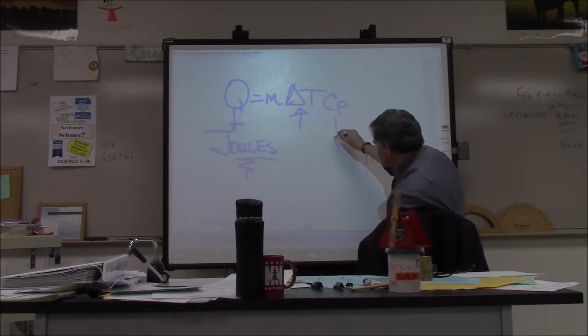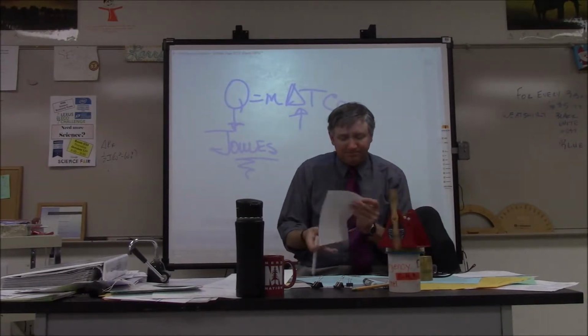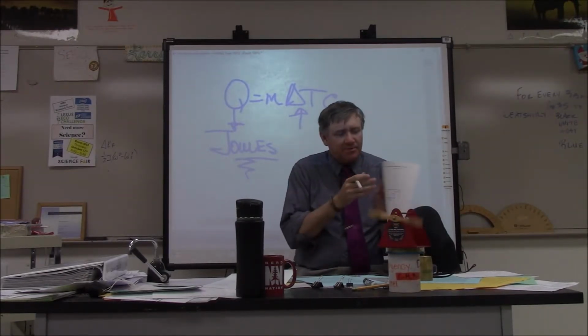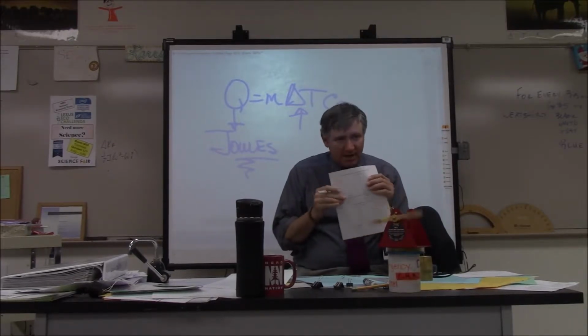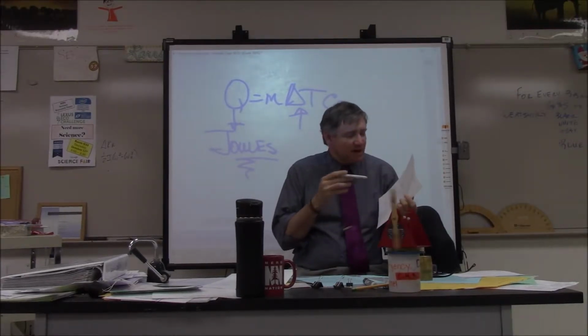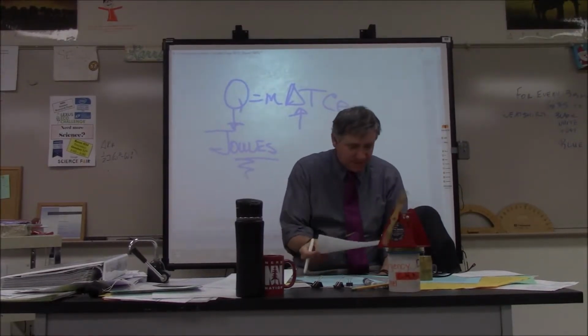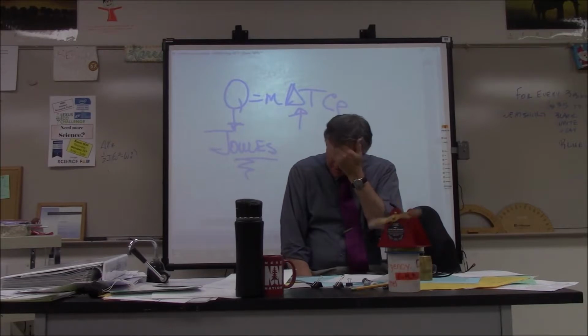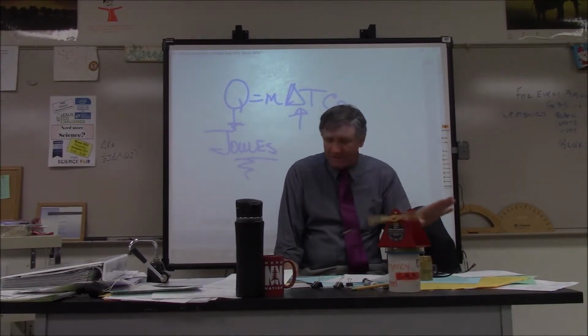Now, let's talk about specific heat. If you look on this sheet of paper, up here at the top you have a list, which is in no way a comprehensive list, of different specific heat values for different substances. If you go down that list, what's the biggest specific heat value by far?